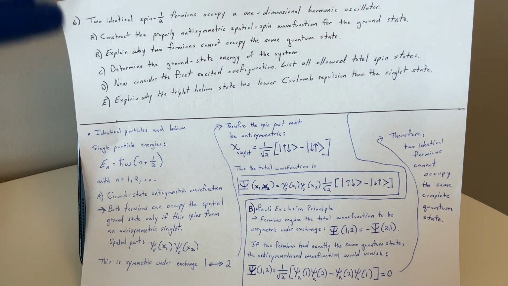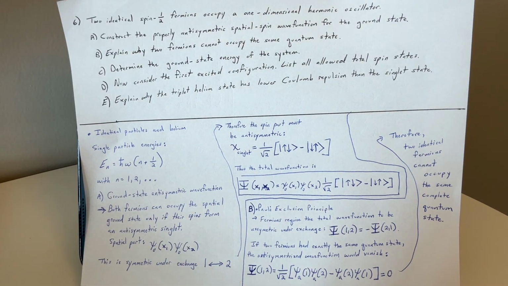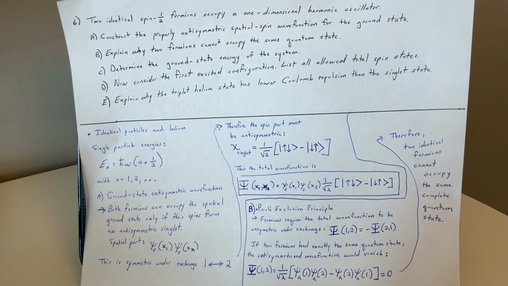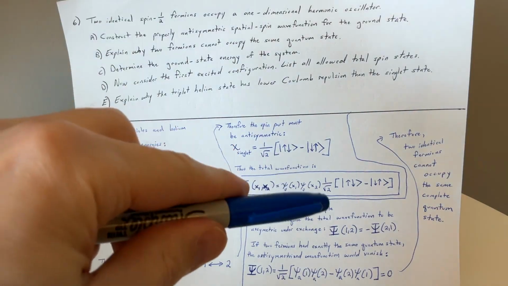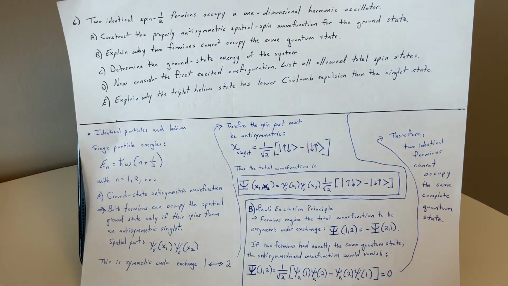For part B, explain why two fermions cannot occupy the same quantum state. So this is based on the Pauli exclusion principle. Fermions require the total wave function to be antisymmetric under this exchange, right? Psi of 1, 2 is going to equal negative psi 2, 1.